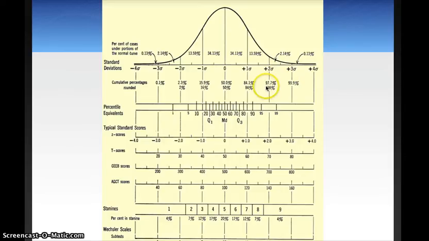I did 100% minus 97.7% and that gives you the 2.3%. At the same time, you have 2.3% in this area, lower than -2 standard deviations. So we're going to use this principle and apply it to hypothesis testing.